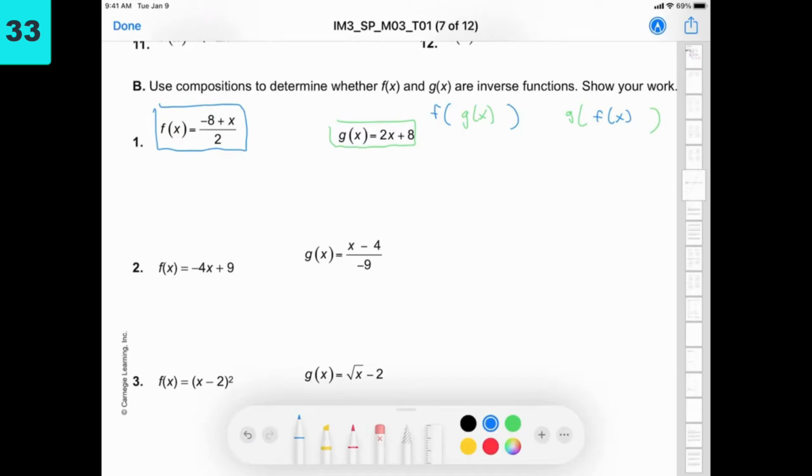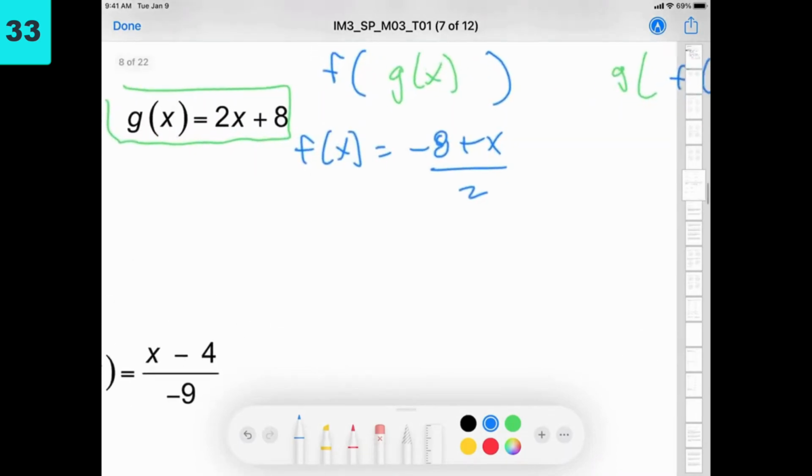Alright, B1, let's see if these are inverses. The f of x function, we're going to put in g of x. So if it looks like this, that means every time we see x now, let's just color code this, every time I see an x now, I'm going to write g of x.